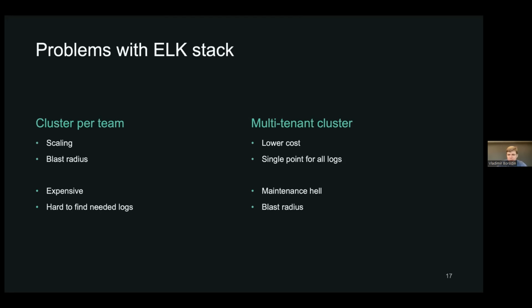First of all is the blast radius. When some team, for example, starts writing lots of logs into your Elasticsearch cluster and it goes down, all the teams can't see their logs. Well, we actually had a production incident when we needed logging for debugging, and it didn't work because another team wrote to Elasticsearch too much, and it didn't work.